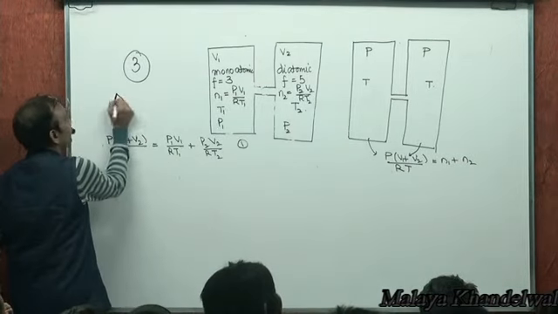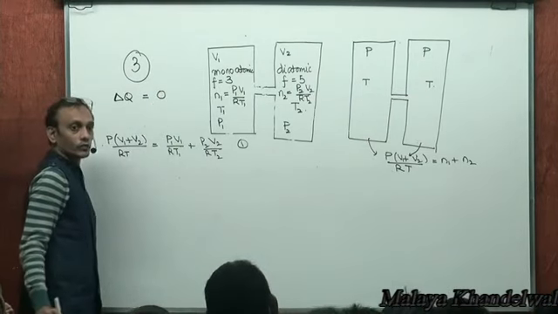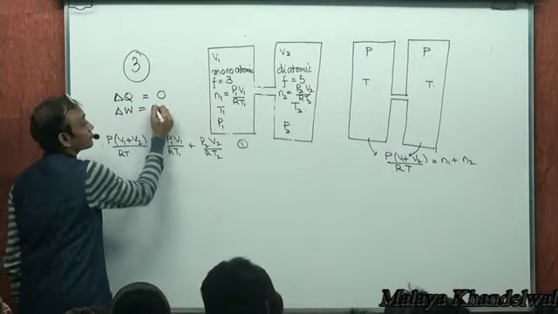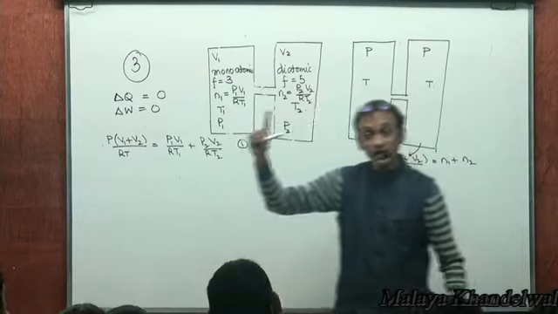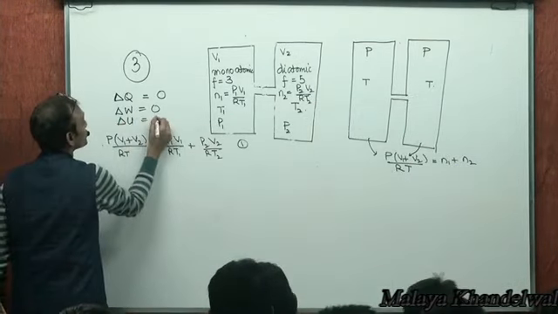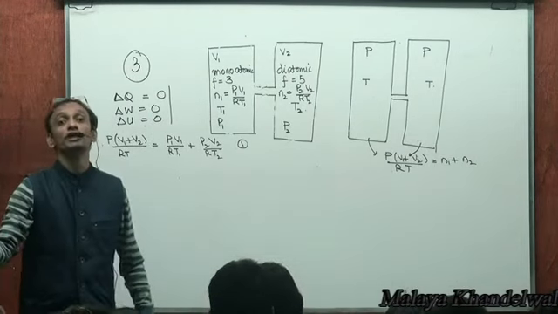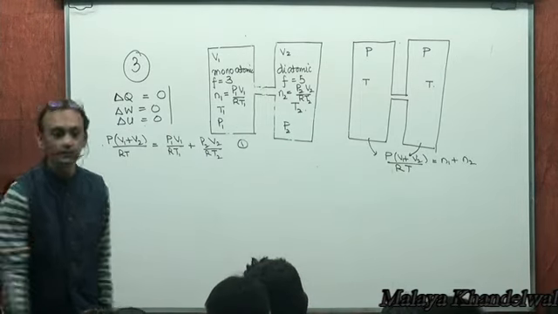Because for the two units put together, delta Q is 0, right? Work done is 0. These are fixed boundaries, no net work done. Work done is 0, no volume change, and therefore change in internal energy is 0. Change in internal energy 0 means initial internal energy must be equal to final internal energy. That's what it implies, right?